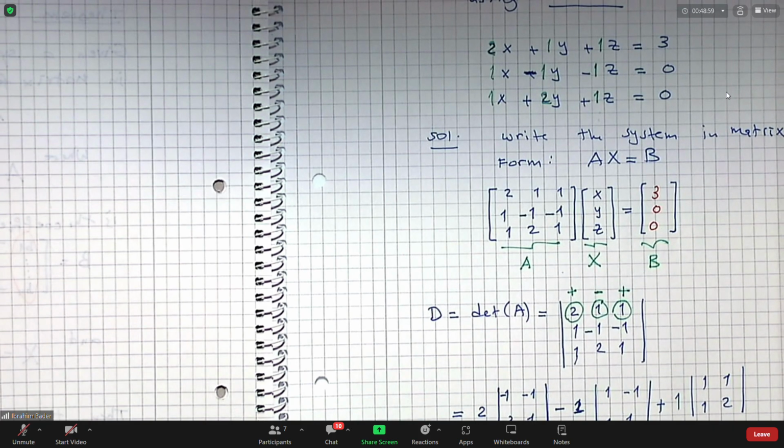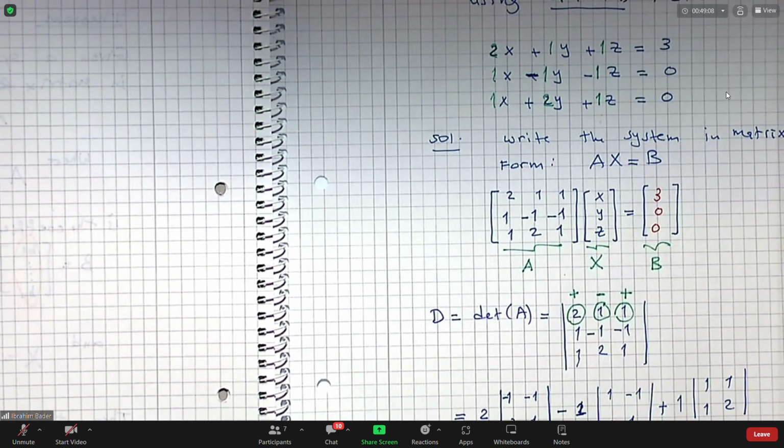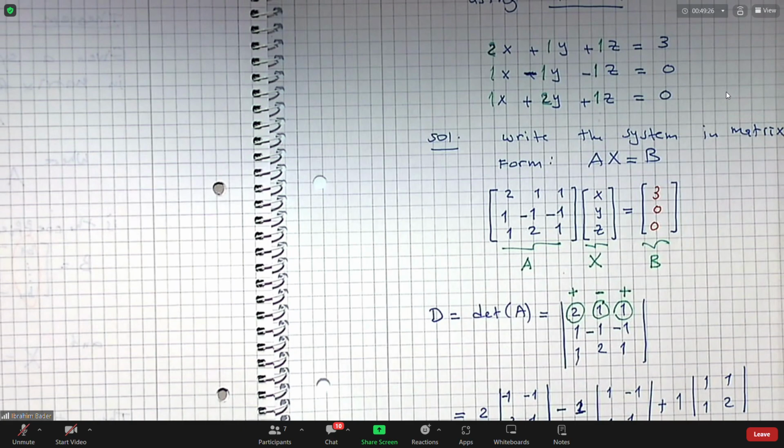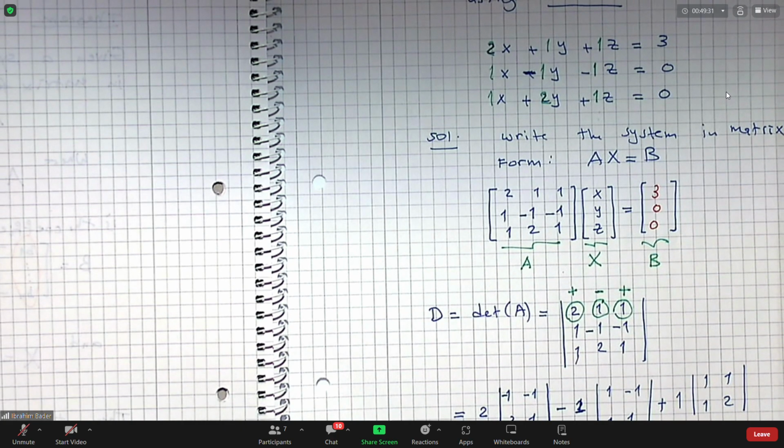In the middle here you have, okay, so you cancel this one here. So here you got 2 and this one negative 2. And the last one here you got 2 plus 1, which is 3. So this one will give you 3. Now it's okay.